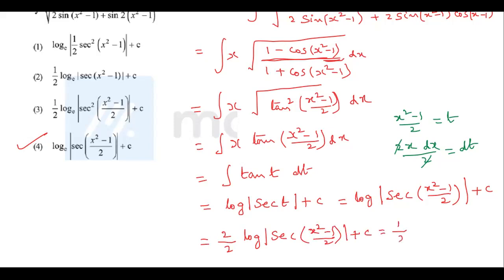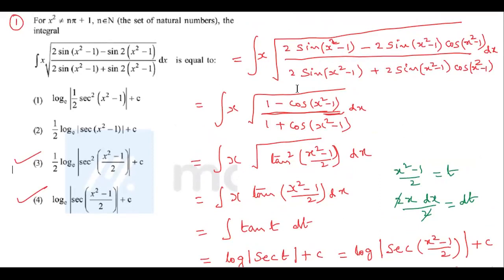We get the answer 1 by 2 logarithm of mod secant square into (x square minus 1) by 2 plus c. This is also a correct answer. So in this question, there are two correct options, third and fourth option. I think this is a very easy question, but do the calculation carefully, right?